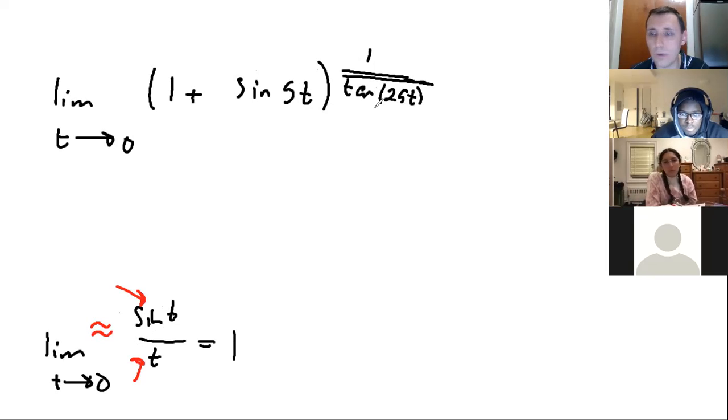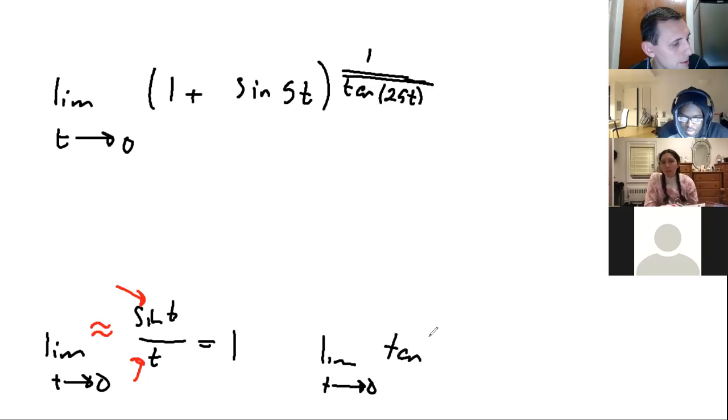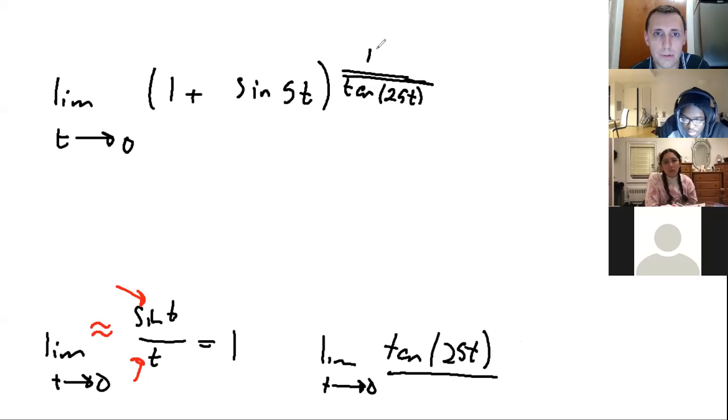And tangent is doing the same thing, because we know that limit as t goes to 0 of tangent of t divided by t equals 1 as well.